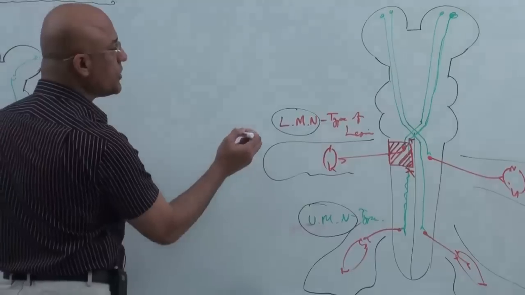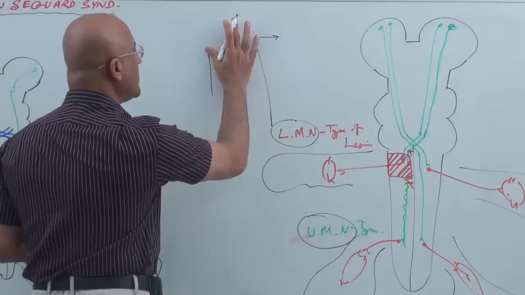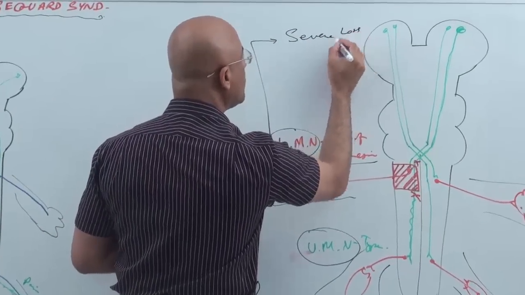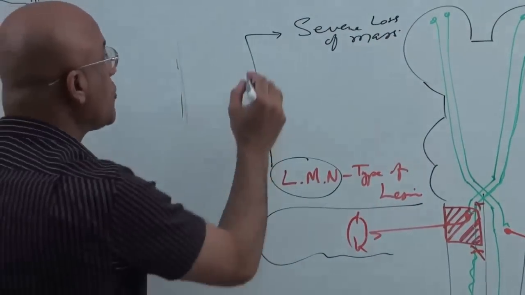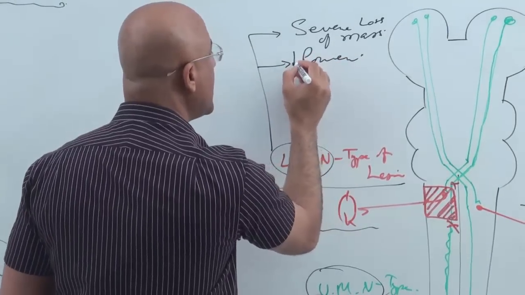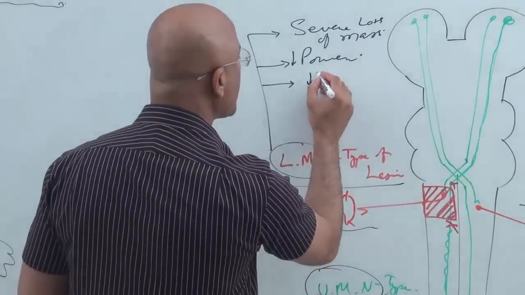Now, what are classical features of lower motor neuron damage? Number one, there is severe loss of mass of muscle. Is that right? There is severe loss of power, right? And then there is severe loss of tone.